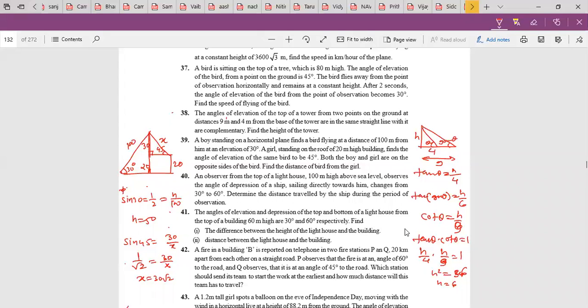Ma'am, what's the 40th answer? 115.5. Okay, ma'am. Ma'am, after rounding off, it's 115.5, right? Yeah, that is the approximate answer.